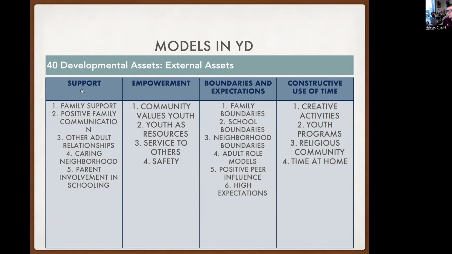And yes, you can imagine that the more assets a young person has, the more likely they are to fully thrive into adulthood. Fully thrive is reducing those risky behaviors and introducing the positive development process of developing emotionally, physically, and having social behaviors. All these are developing appropriately. And the more assets a young person has, the more likely they are, again, to fully thrive.